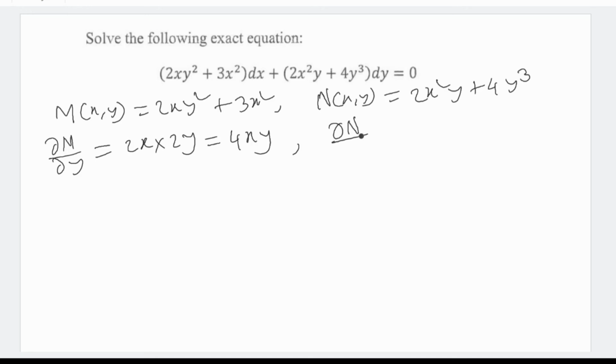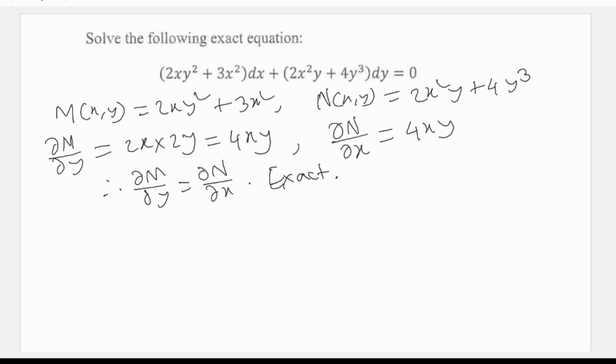Del N del x is equal to 4xy. So we can say that del M del y is equal to del N del x. So the equation is exact. Now we will solve this equation.